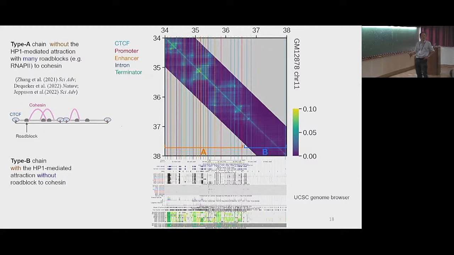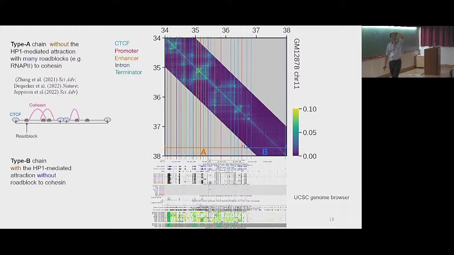Probably RNA Pol II is paused at the intron sites for the splicing, or the terminator sites or the gene ending sites. So these specific sites for transcription are responsible for this enhanced contact pattern. So we assumed the roadblocks trap cohesin movement to generate these patterns.